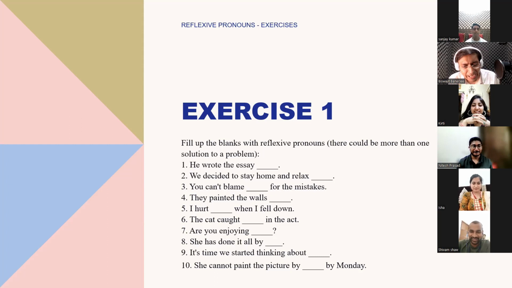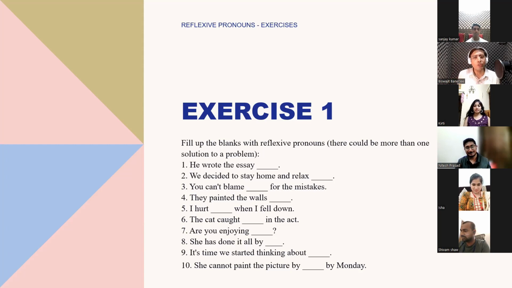All right, Shivam. I hurt dash when I fell down. I hurt myself when I fell down. Spot on, my dear. Well done. Manisha, the cat caught dash in the act. Tricky one. The cat caught itself in the act. Excellent answer.